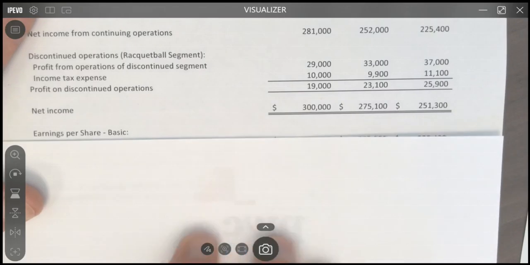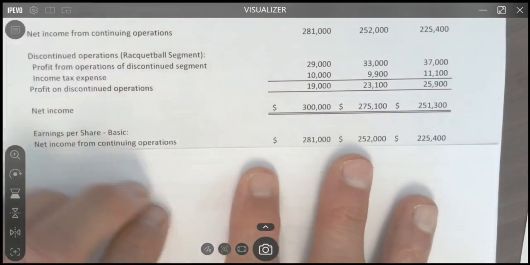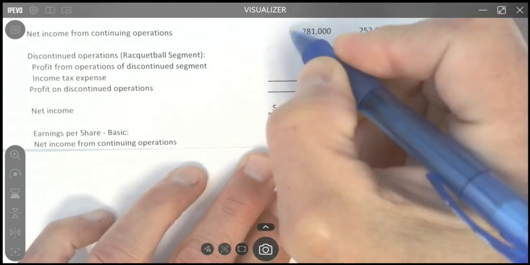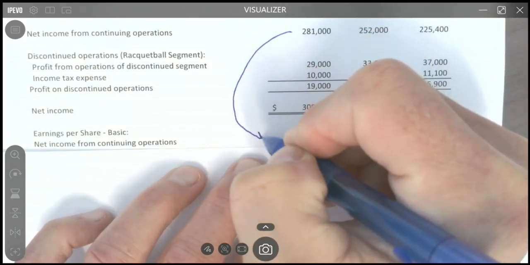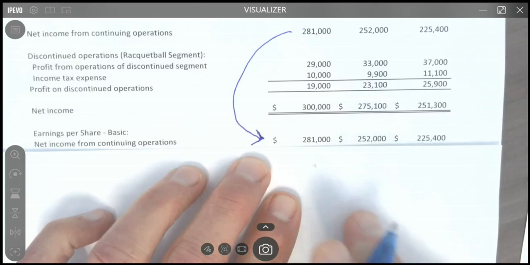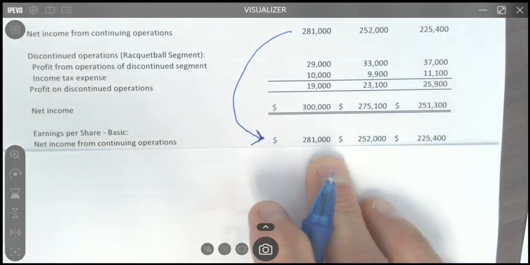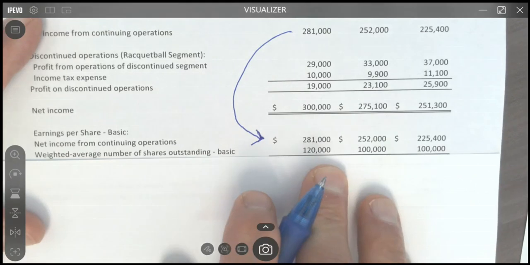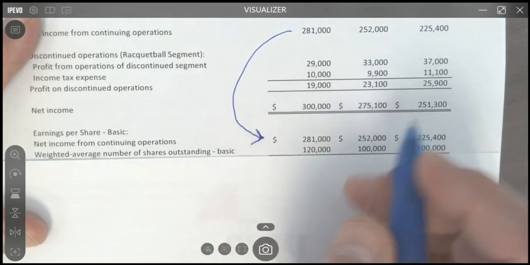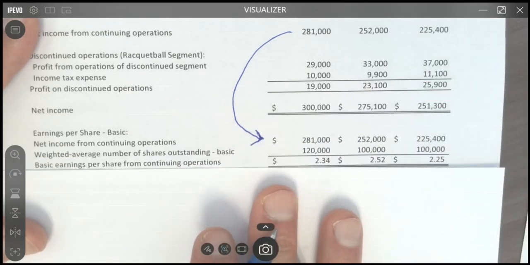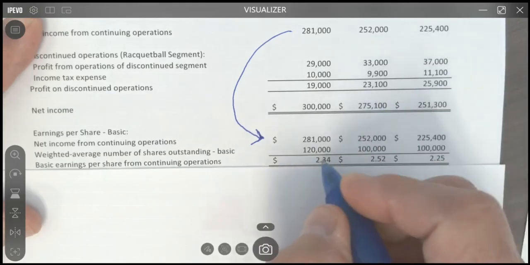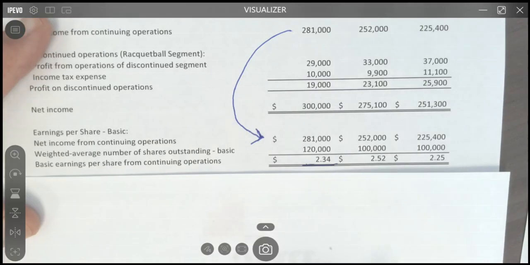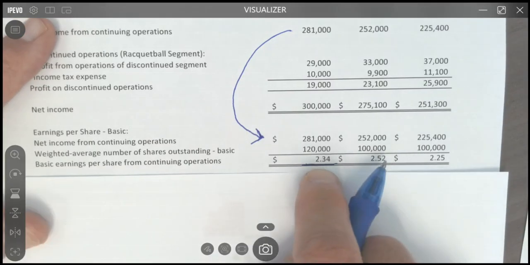Okay, here's my work. Earnings per share for basic is weighted income available to common shareholders. There's no preferred shares, so there's no preferred dividends. So that's 281,000 divided by that same weighted average number of shares of 120,000. So the basic earnings per share from continuing operations was 234, not the 250 we saw when we didn't have discontinued operations.